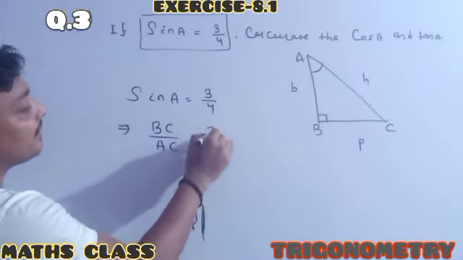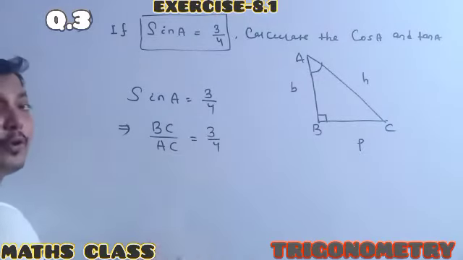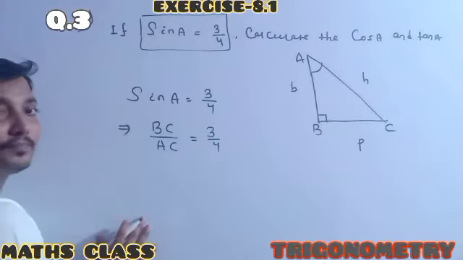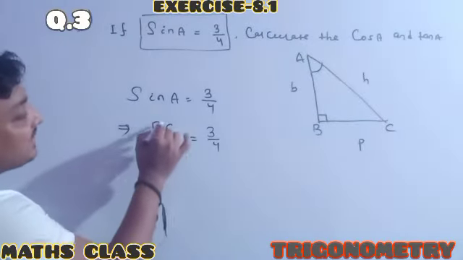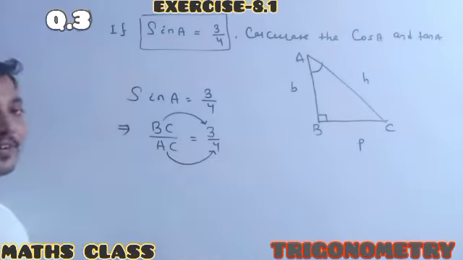AC is 3 by 4. The ratio is given as 3:4. It does not mean that BC equals 3 and AC equals 4. It means BC is 3 parts and AC is 4 parts. Understood?